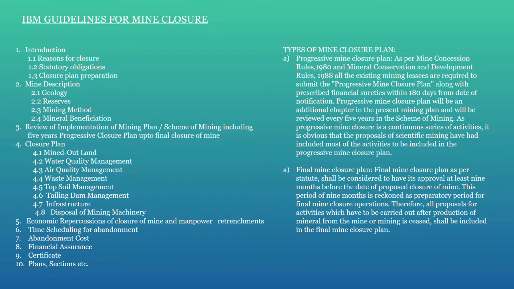It has to be reviewed every 5 years, and it has to be added in the final closure plan as well. The final mine closure plan, as per statute, shall be approved at least 9 months before the date of proposed closure, and it includes all the necessary preparations for mine closure, and it also includes the progressive mine closure plan.